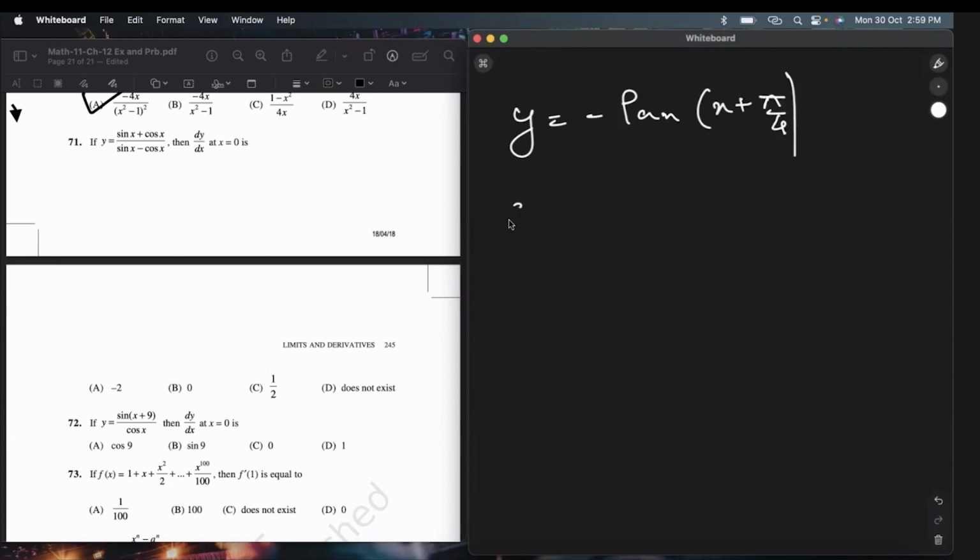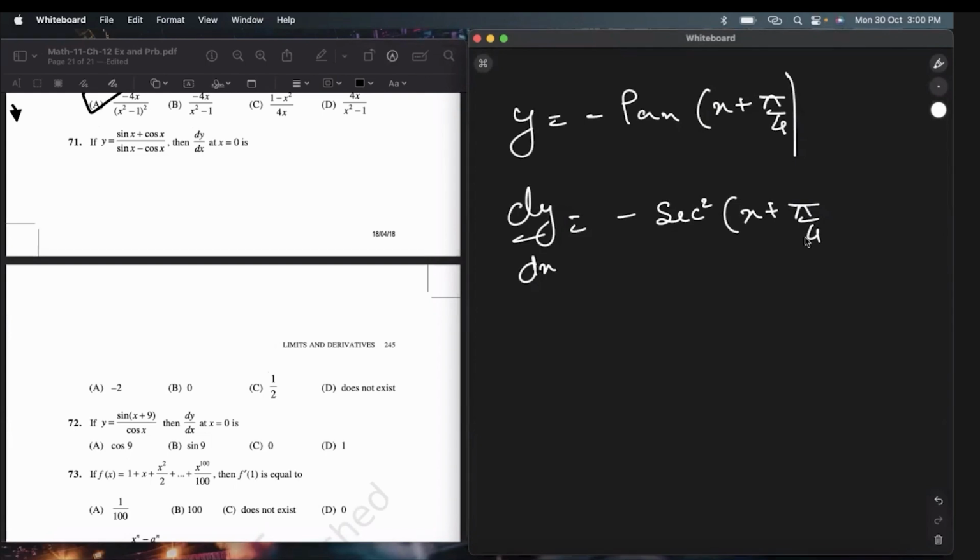Now if I differentiate this, dy by dx, the derivative of tan is sec square, so minus sec square (x plus pi by 4). And since there is nothing multiplied with x, there will be no need for the chain rule.